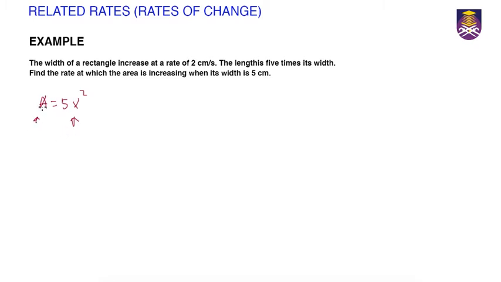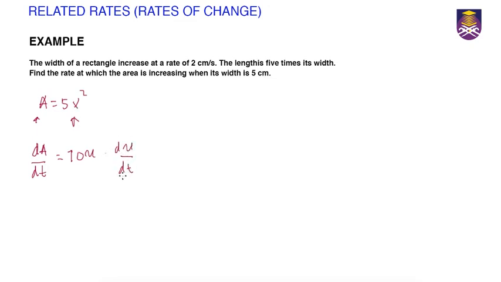When we differentiate A with respect to t, we will get dA over dt, and when we differentiate 5x squared with respect to t, we will get 10x multiplied by dx over dt.